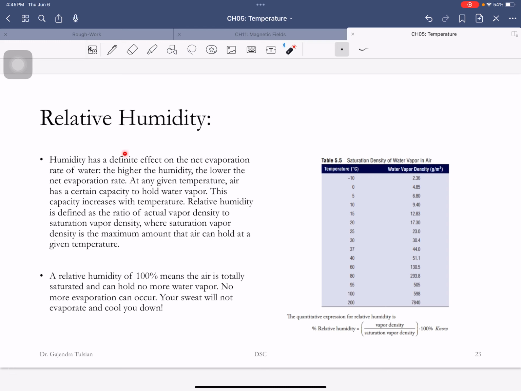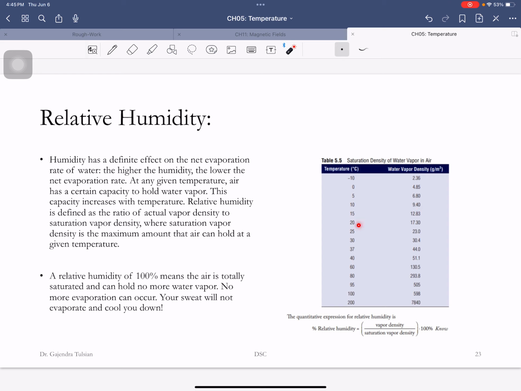I've been saying 100% humidity, but that's relative. Anyway, that's relative humidity, and this is what it means. At these temperatures, what this table gives you is the saturation density of water vapor in air. This is the maximum amount of water vapor the atmosphere can hold.